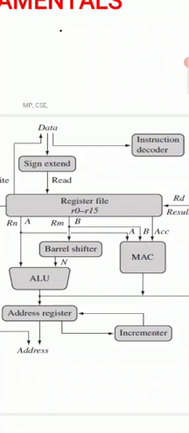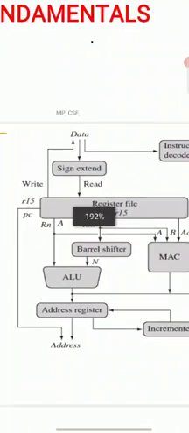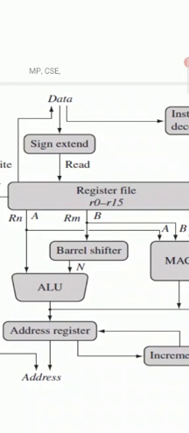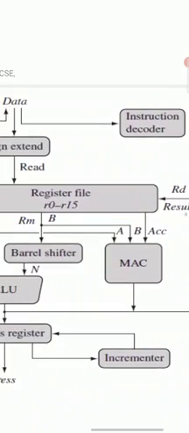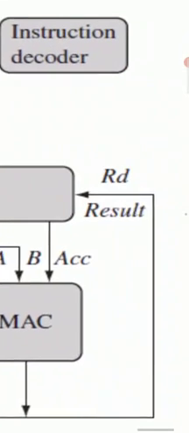One important feature of the ARM is that register Rm can alternatively be pre-processed in the barrel shifter before it enters the ALU. Together, the barrel shifter and ALU can calculate a wide range of expressions and addresses. After passing through the functional units, the result Rd is written back to the register file through the result bus. You can see the result bus here.